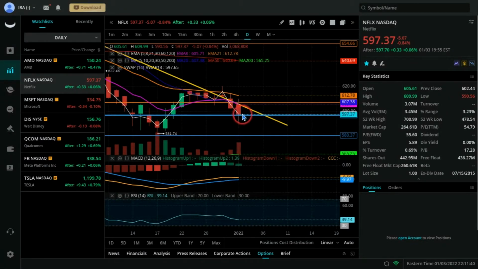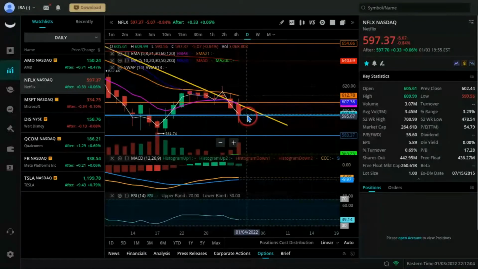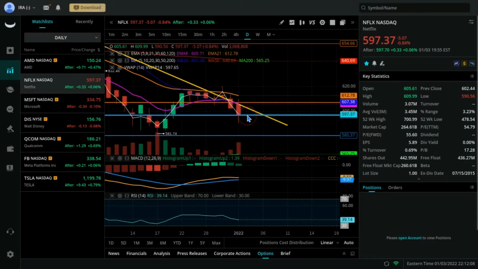Let me see, the call trigger I played at 604.15, and the put trigger would be the break of this support, which is 595.67.